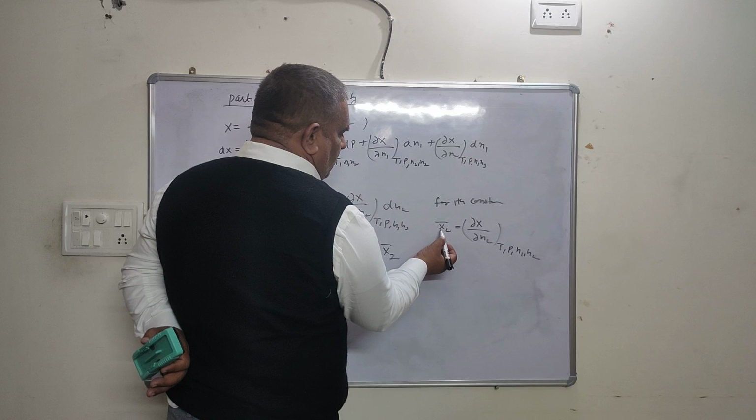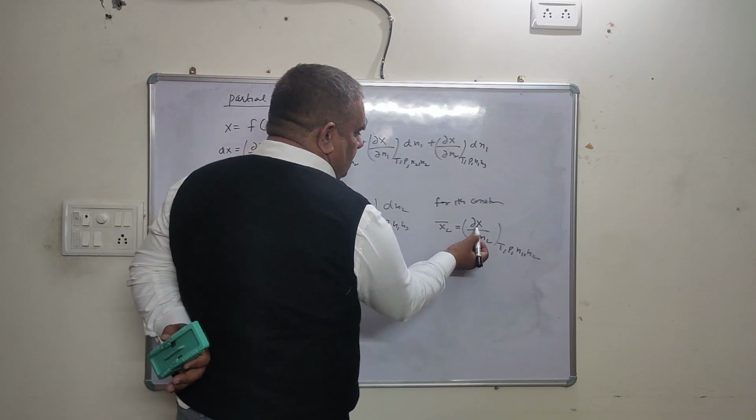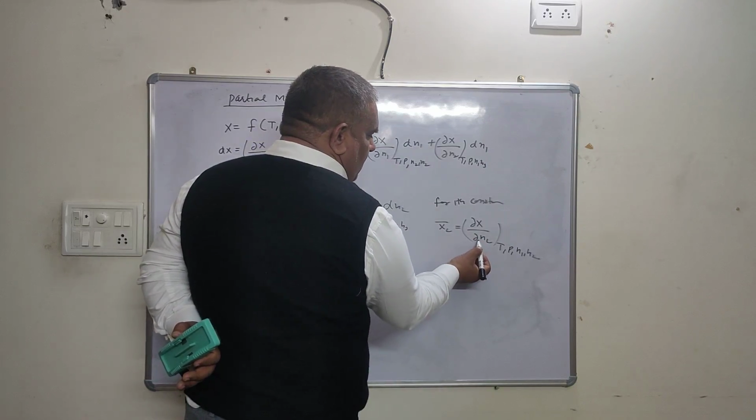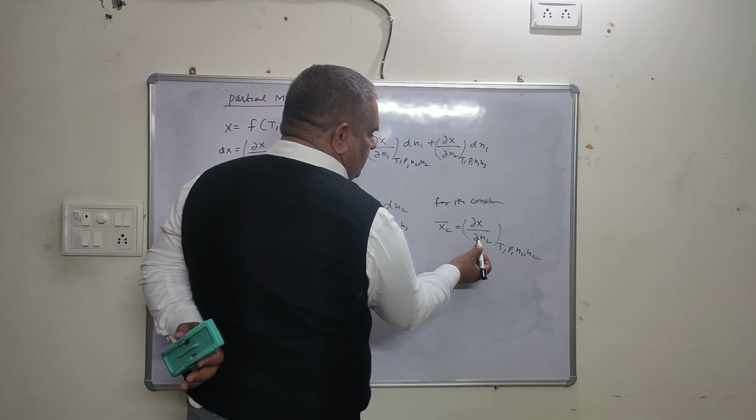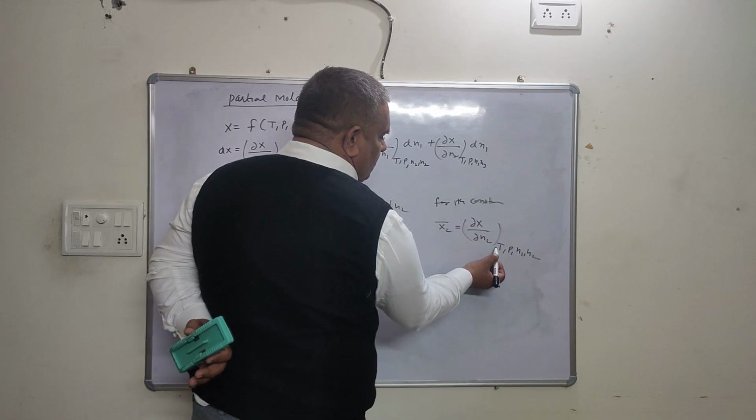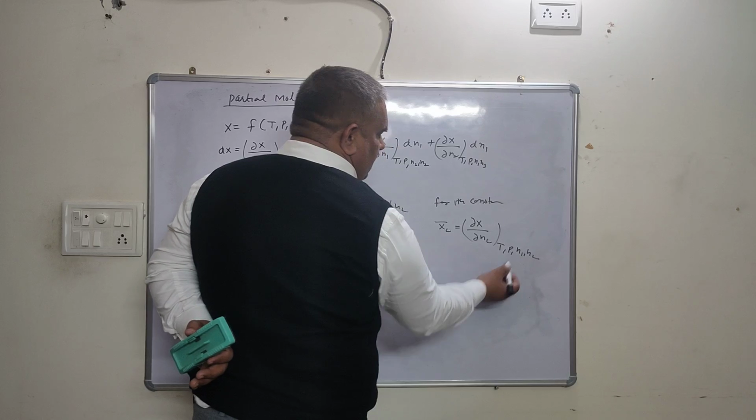This partial molar property is the change in the property of the system when 1 mole of pure component is added in such a way that there is no change in temperature, pressure and the composition of the system.